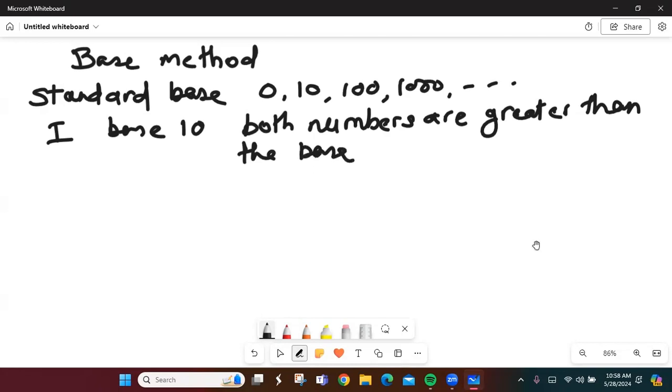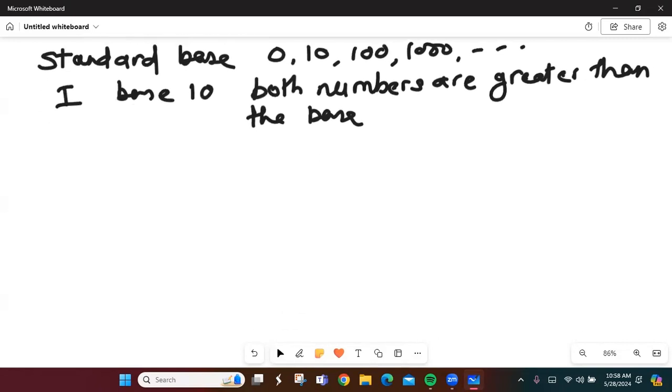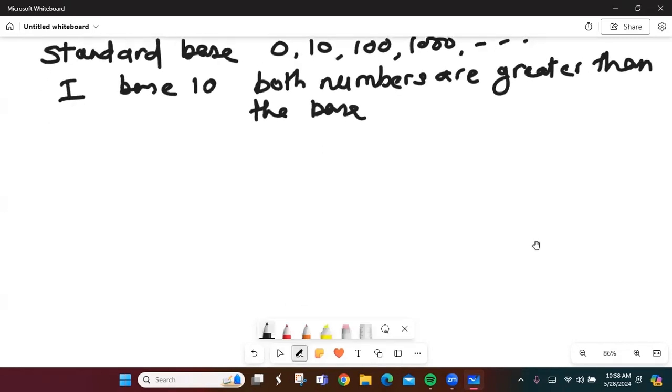After this, then we can go to other standard bases like 100,000 and so on. But first, let us make the method clear by taking base 10 and some small numbers.